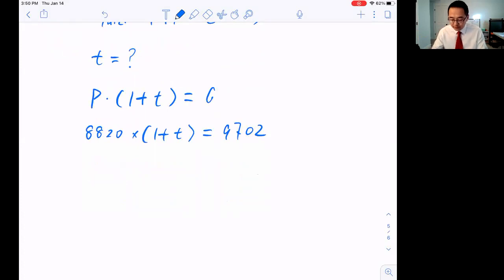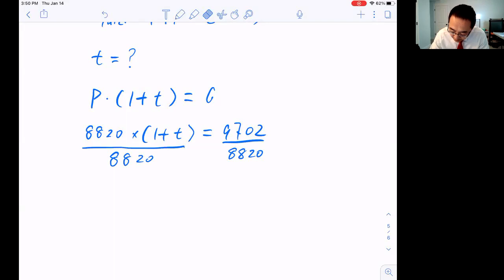So you divide both sides by 88.20. Or you can multiply 88.20 into, I guess I told you guys I'll just use the dot. So let me change that to the dot.